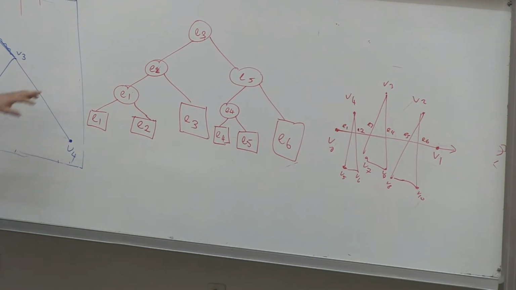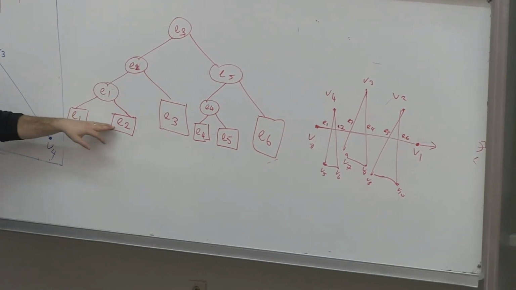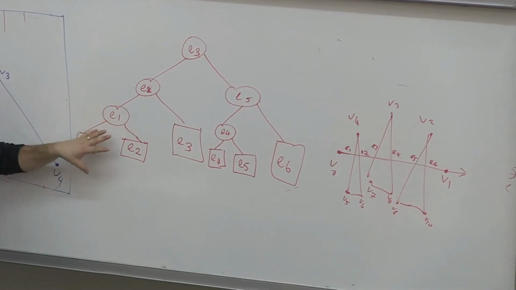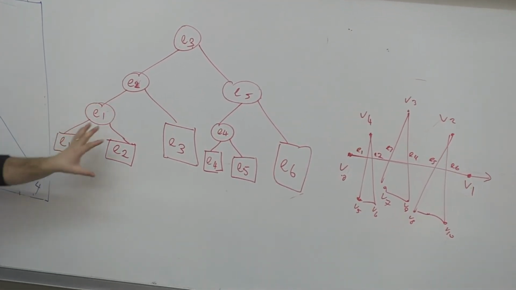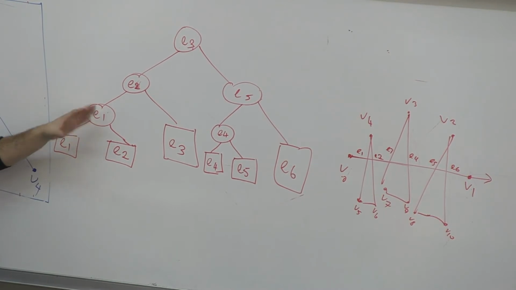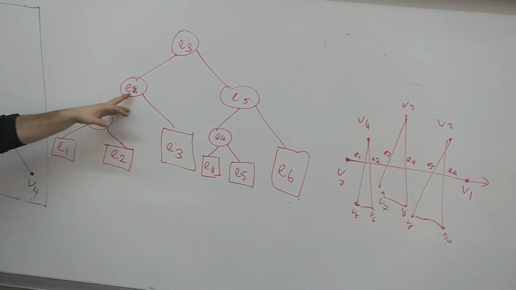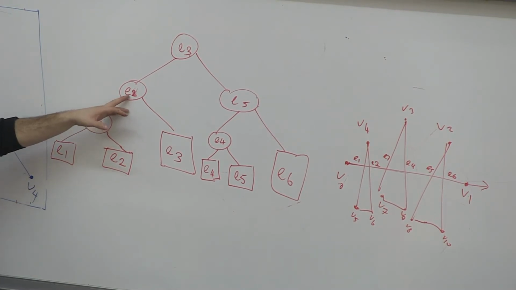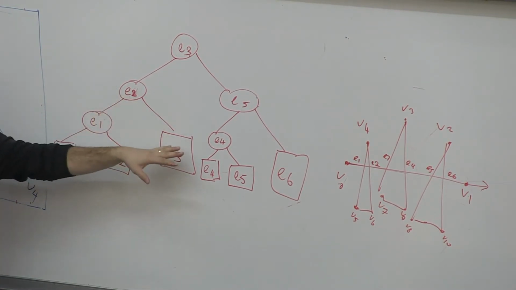So each intermediate node gives us the furthermost edge on its left subtree. Which means that, for example, when we come here, we compare our edge with E2. If it's further away than E2, then it must be in the right subtree.